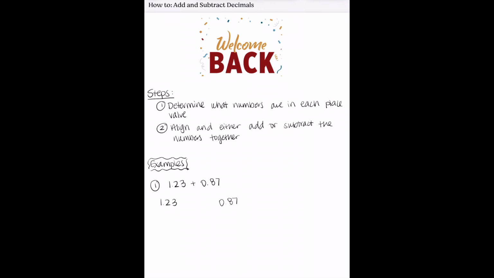So if we start off with the 1.23, we're going to see what is in the ones place, what is in the tenths place, and what is in the hundredths place. So for the 1.23, we know that we have a 1 in the ones place, underlining that with the little blue. We have a 2 in the tenths place, and we have a 3 in the hundredths place.